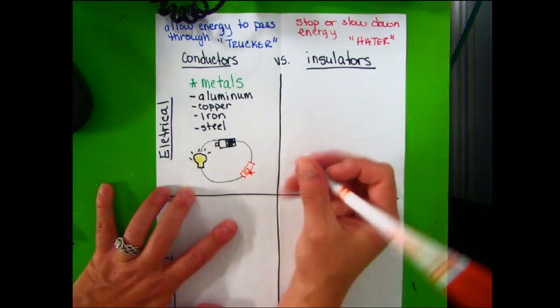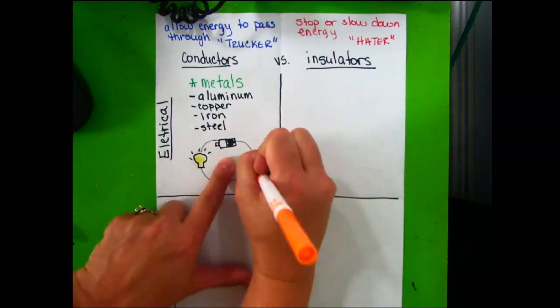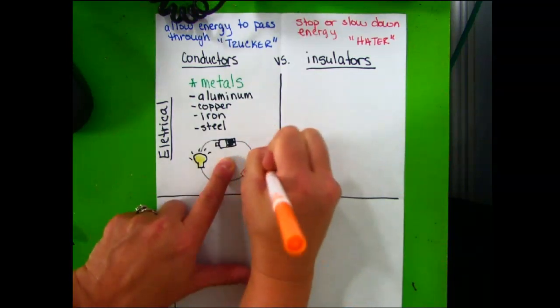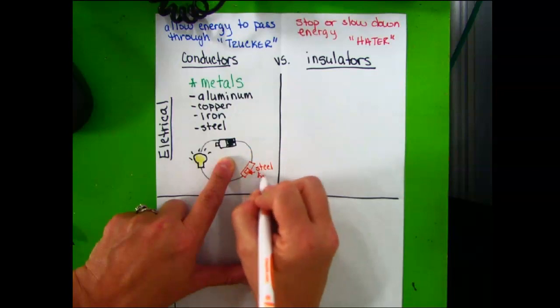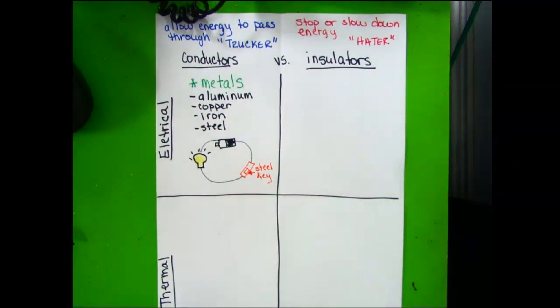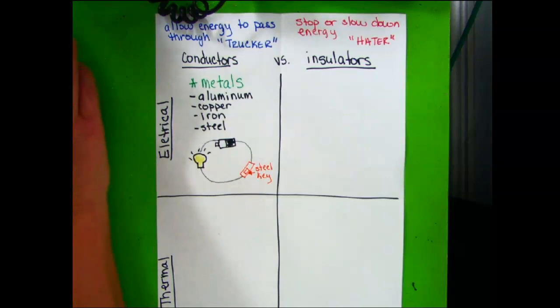It could be a steel key, or a spoon. It could be salt water. Remember we watched a video a couple of days ago that was kind of surprising, that salt water could conduct energy.